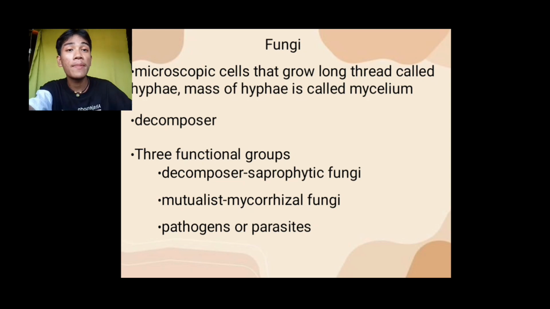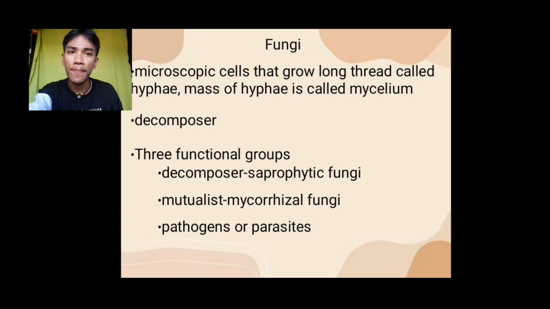When you see naman mutualist, from the word itself, mutual, okay? Mutualist mycorrhizal fungi colonize plant roots in exchange for carbon from plants. The mycorrhizal fungi help solubilize phosphorus and bring it to the soil.